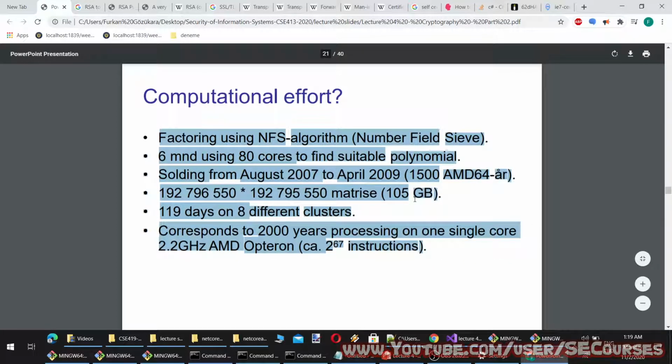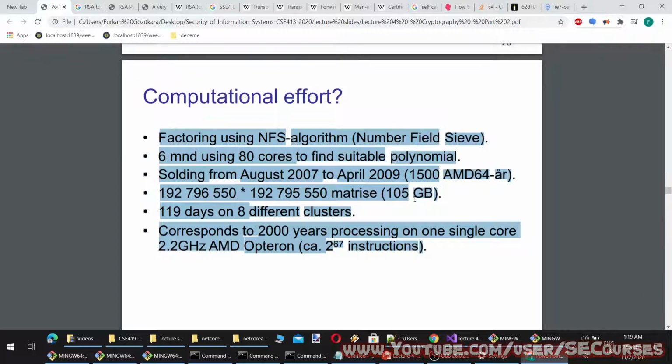Factoring using the NFS algorithm, the number field sieve. Six months using 80 cores to find a suitable polynomial. Sieving from August 2007 to April 2009, 1500 AMD64 cores. 192,796,550 by 192,795,550 matrix, 105 gigabytes. 119 days on 8 different clusters.